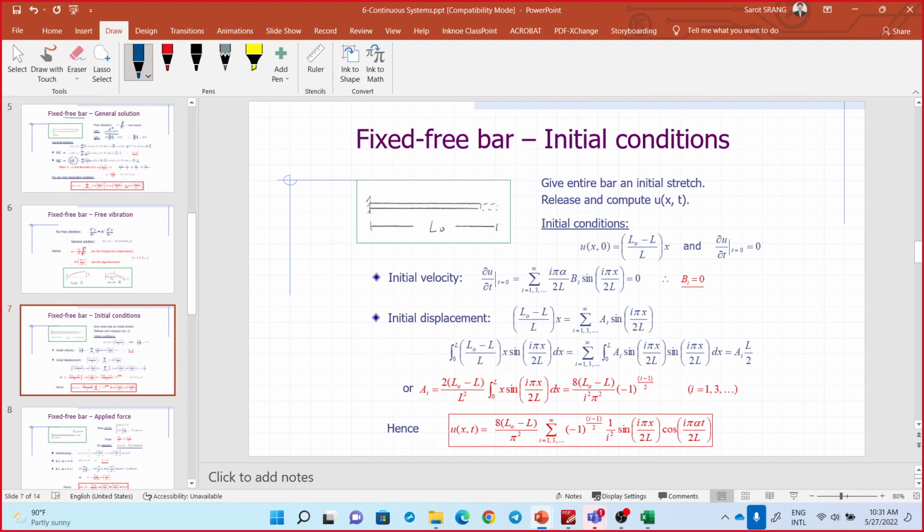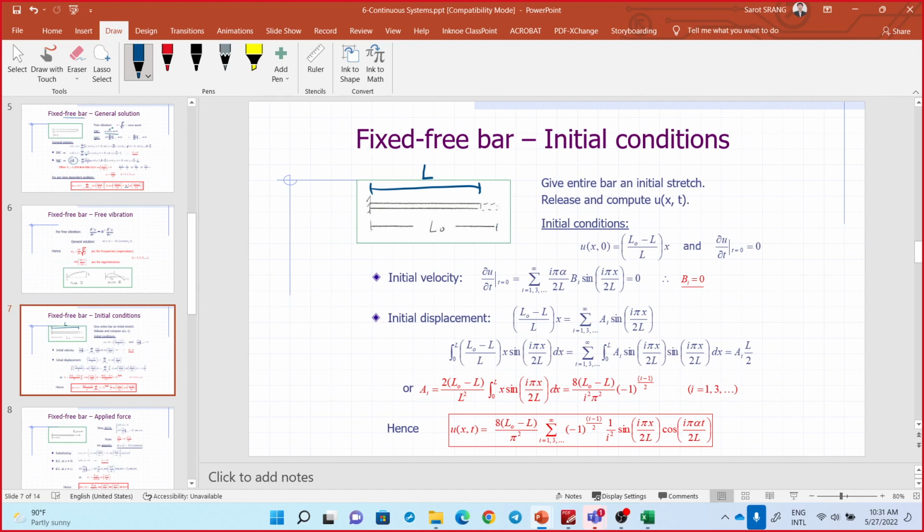For example, let's say at initial time we pull the bar to extend its length. Let me clarify what is L and what is L0.